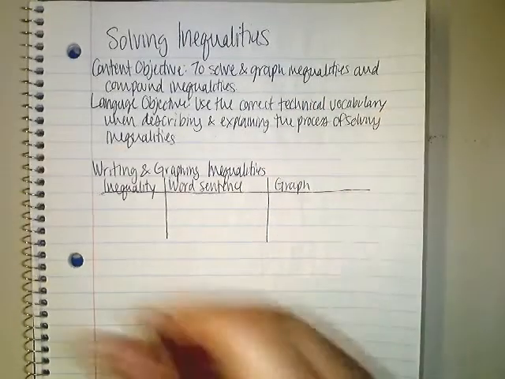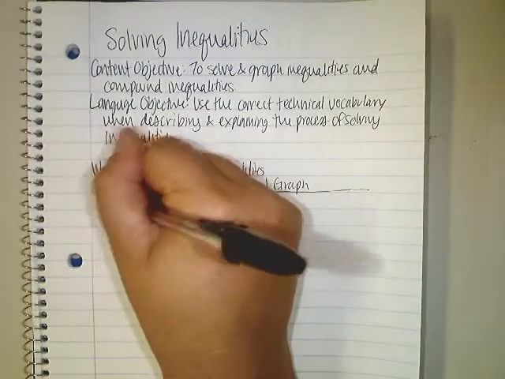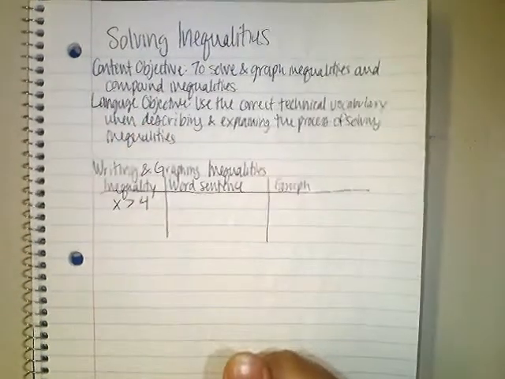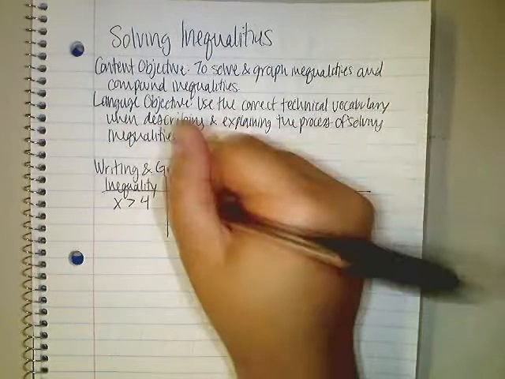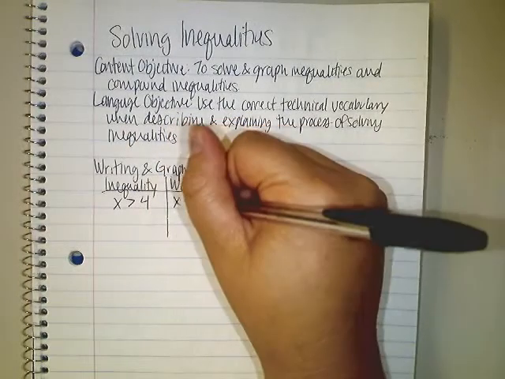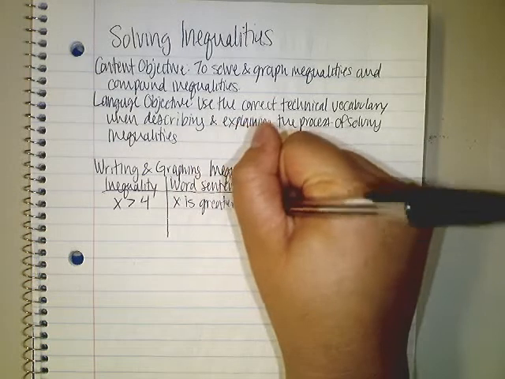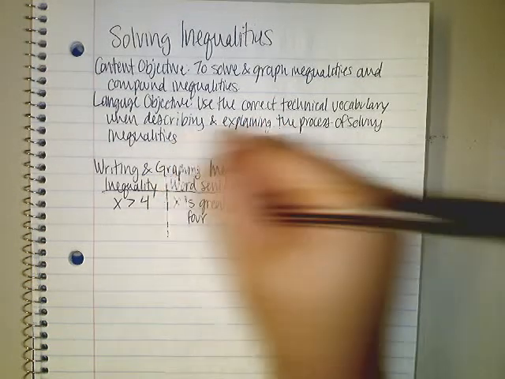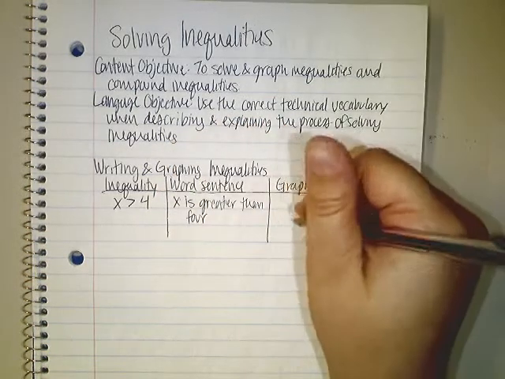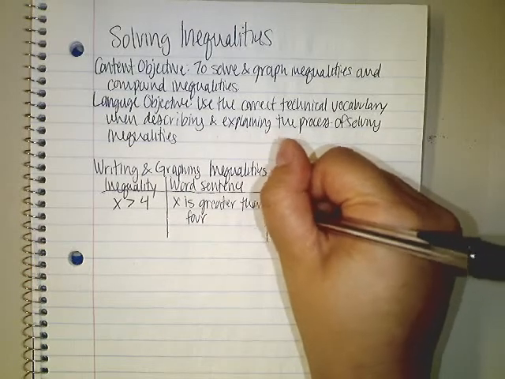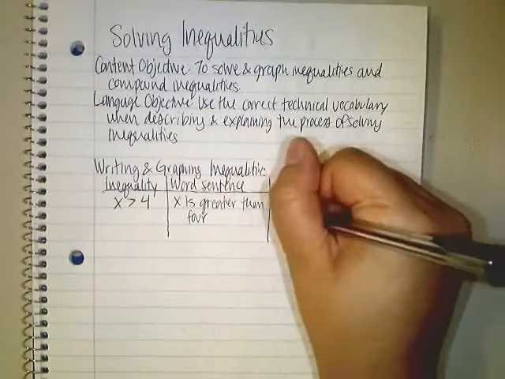So first thing we're going to talk about is x is greater than 4. So as I just said, that is spoken as x is greater than 4. And our graph, I'm going to start at -1.